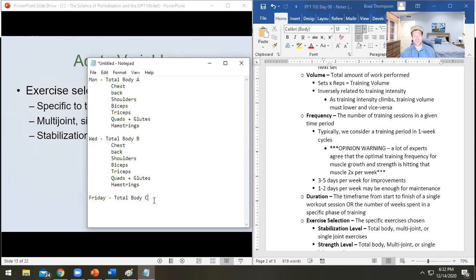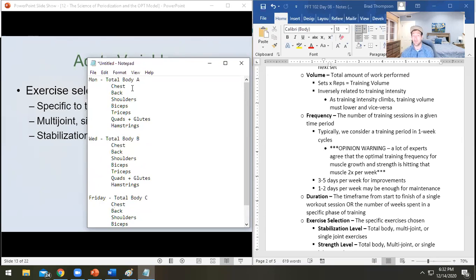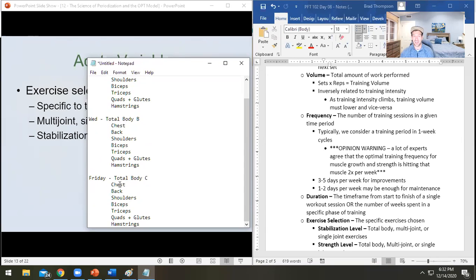Now, you'll notice that I put them as A, B, and C. That indicates that I have a different chest exercise on Monday versus Wednesday versus Friday, and the same is true for all the other movements. So I'm doing a bench press on Monday, an incline chest press on Wednesday, and a chest fly on Friday.